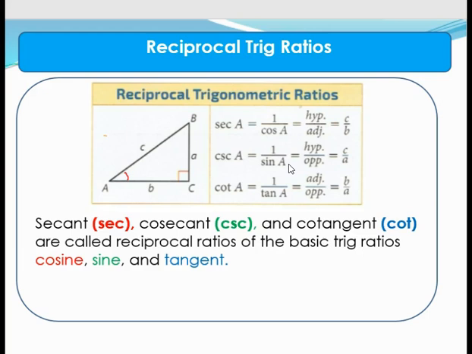And cotan, instead of being like tan, which is a over b, will be b over a. So cotan angle A, it's still the same angle, will be adjacent over opposite. So you want to write these down next to your other ratios, and these are actually the 6 most important trig ratios that we'll be using.